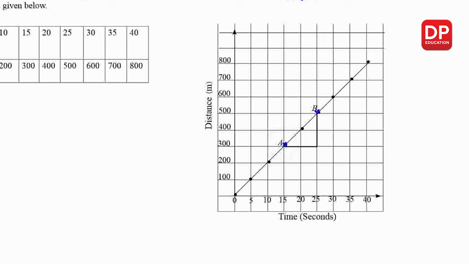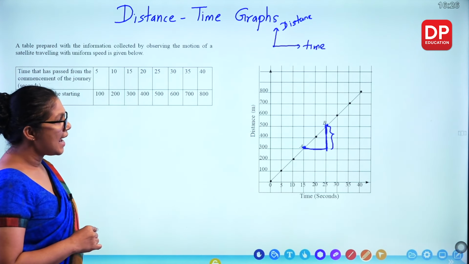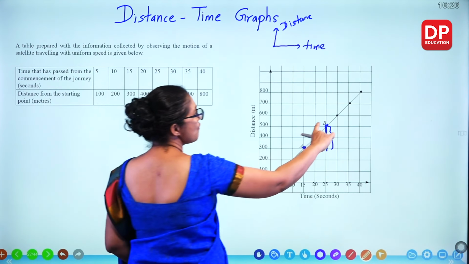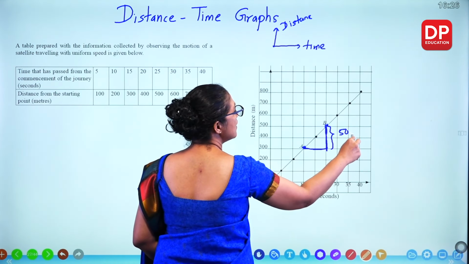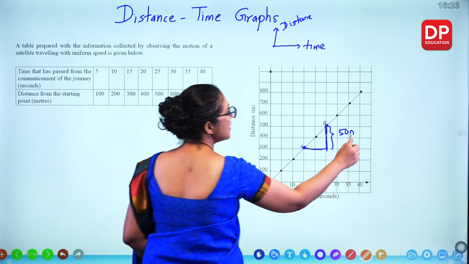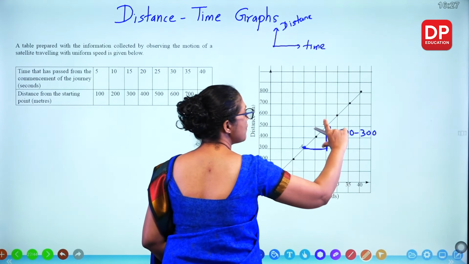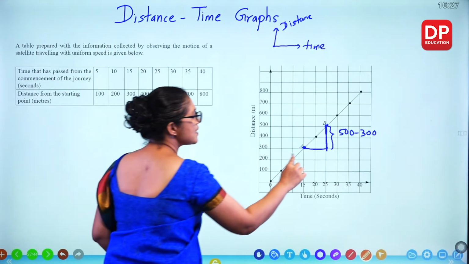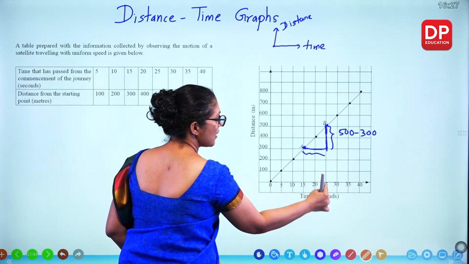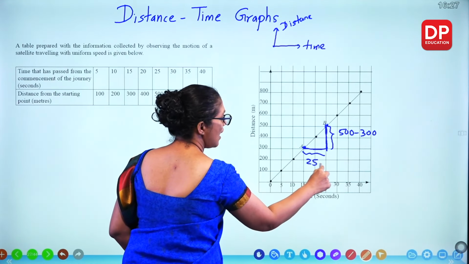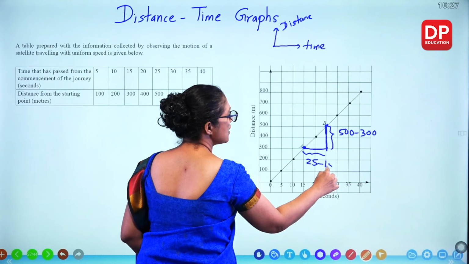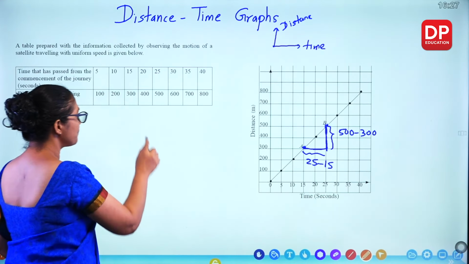When you take A and B, what's the distance traveled between A and B? This is 500 minus 300. That's the difference between these two. And what's the time taken for these two? This is 25 and 15. So what's the speed value?